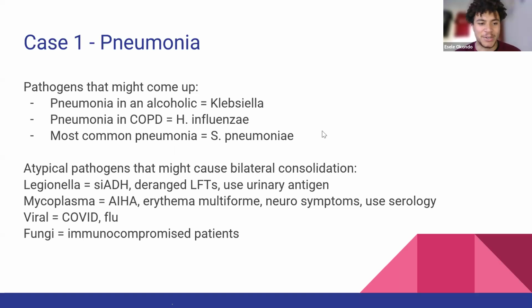If you don't get the diagnosis, that doesn't mean you fail the station. Again, everything's about being safe on day one of F1. If you go through the process of your history and the process of your examination, even if you don't get the final diagnosis, just always make sure you go through your process.